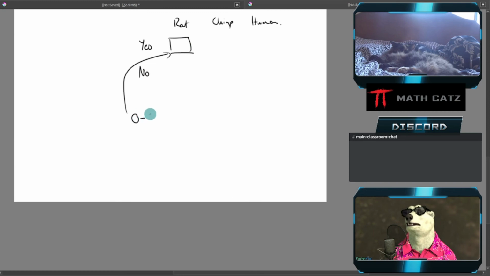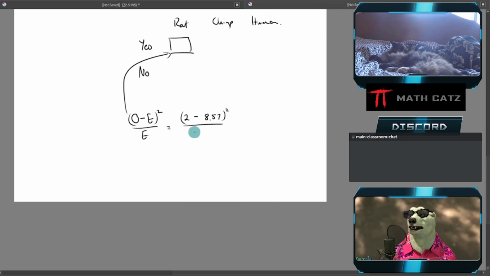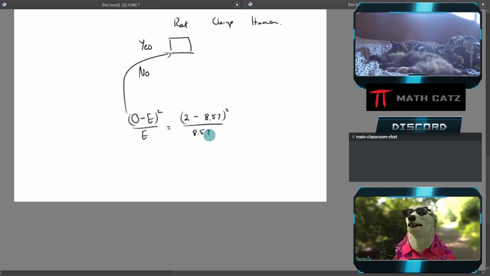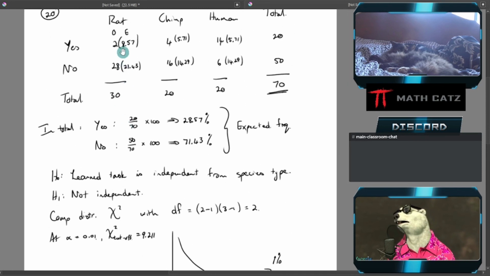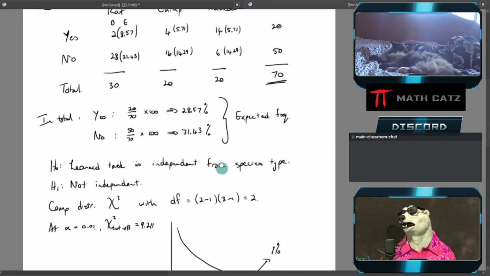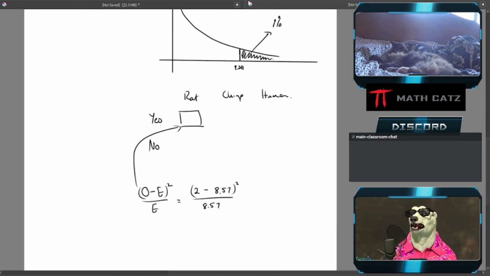So it's observed minus expected squared over expected. So the observed was 2 minus expected is 8.57. I'm going to square that, and I'm going to divide that by the expected. Oopsie. 8.57, that came from the percentage calculation. So let's calculate that.